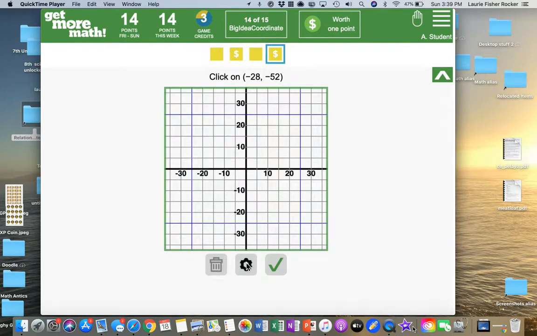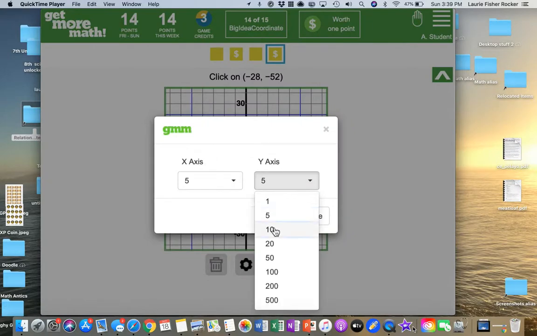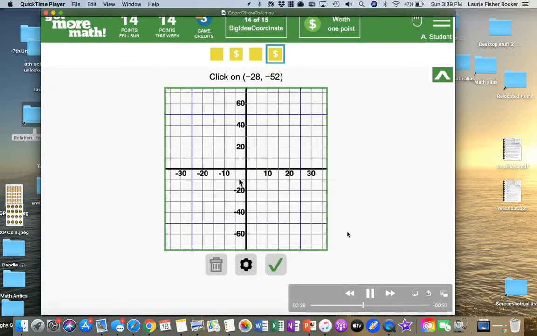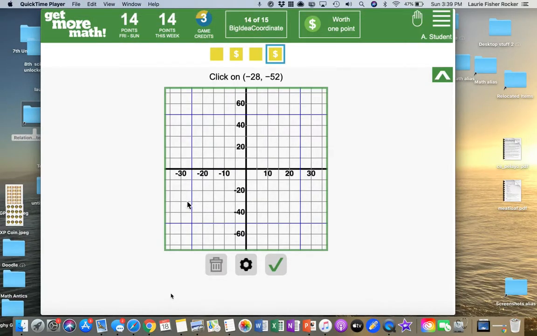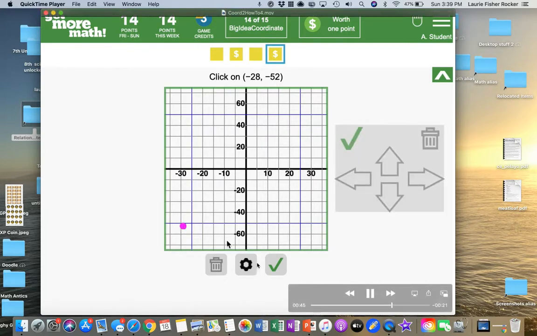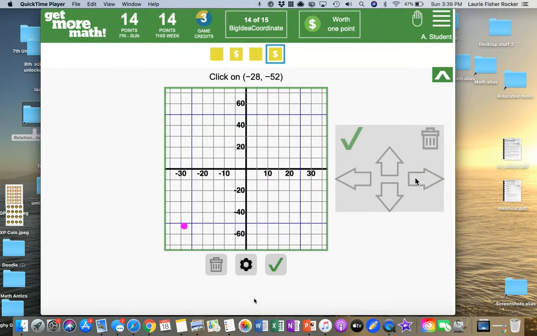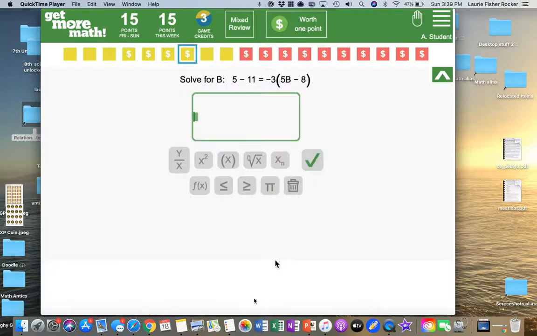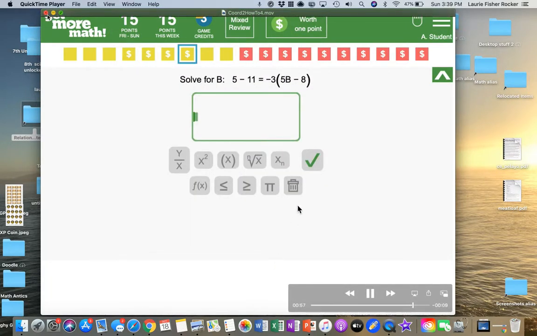We're going to count by 10s. And so we go to -28, which is almost 30. So you could almost put the dot there and move back 2 places. So -28. And then down -52. So here's -50 and 2 more. So it puts it almost right in the middle. And so we're going to have to nudge it over probably, and probably down, maybe. No, that worked. Okay.